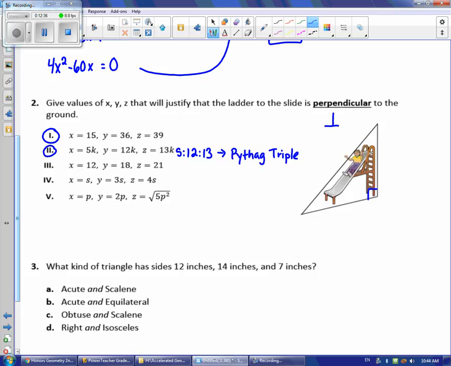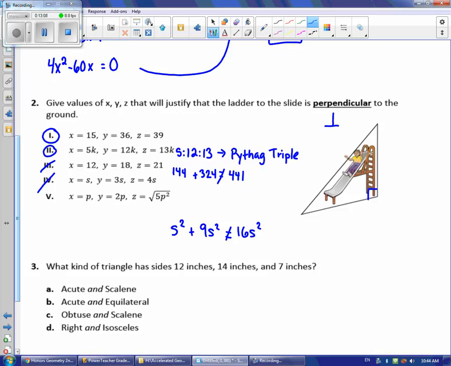If we did Pythagorean theorem with number 3, you would get 144 plus 324 equals 441. They don't equal each other, so we know number 3 cannot work. If you look at number 4, s squared plus 9s squared, if you square everything out, does not equal 16s squared. So they do not satisfy Pythagorean theorem.